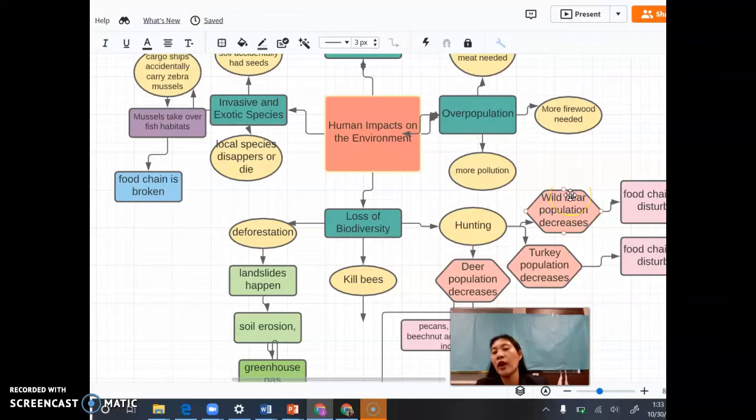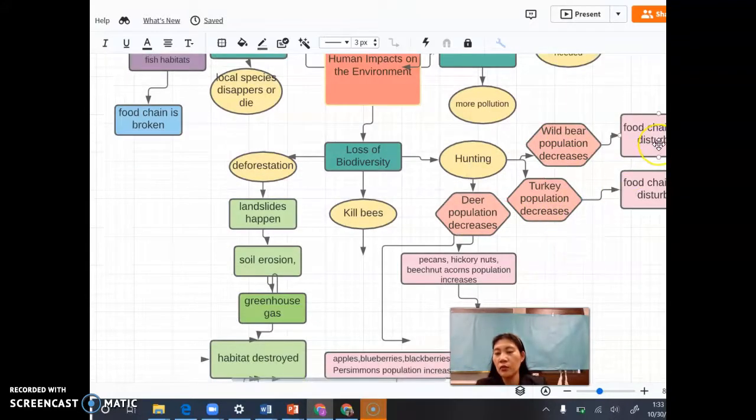Take wild bears for example. Their population will decrease eventually. If people hunt turkey, their population decreases too. What about the deer? Yes, the population decreases as well. If the population decreases, the food chain and food web are disturbed, and it will affect one another, so the environment is affected as well.